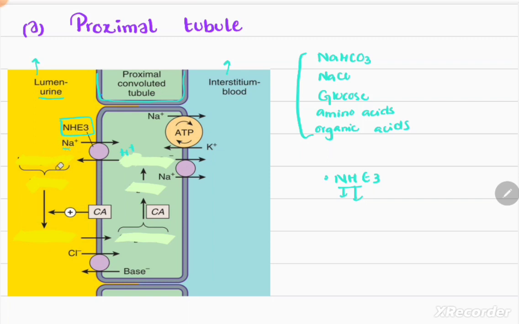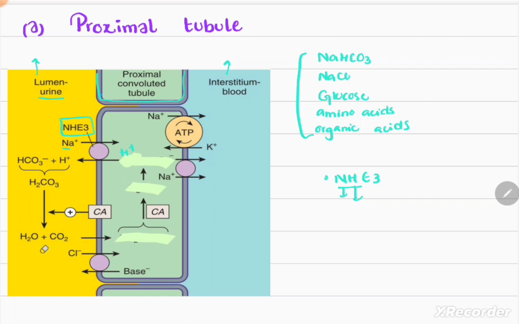What actually happens is that when the proton comes out of the cell, it combines with the bicarbonate that is present in the lumen of the urine and forms carbonic acid. Now this carbonic acid will rapidly disintegrate into water and carbon dioxide.